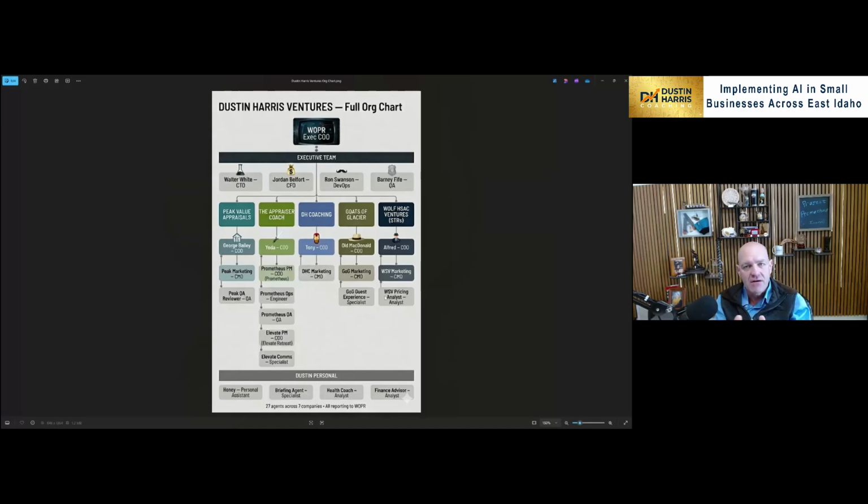The idea here, folks, is that Paperclip allows me to set up a system that is like an organization. Okay. So if I'm doing something in marketing under Dustin Harris Coaching, right, that is delivered to the DHC marketing CMO, the chief marketing officer, underneath Tony Stark, which is the COO of Dustin Harris Coaching, which then reports back to Walter White, who is the CTO, making sure that everything is running properly.